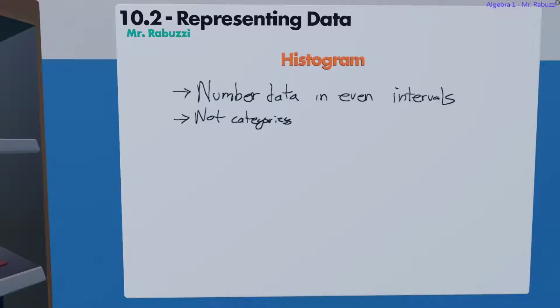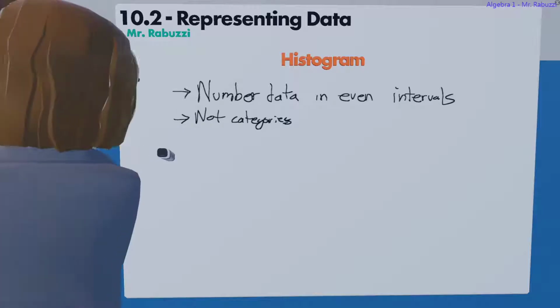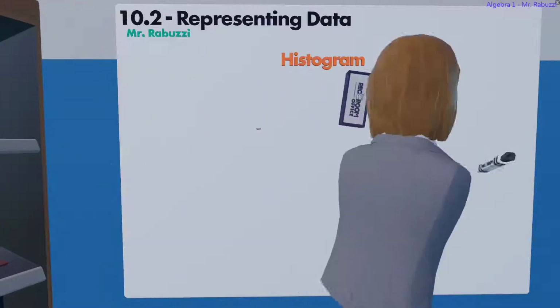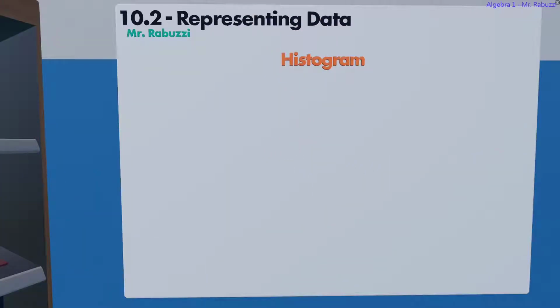For example, here's my data. So write this down for your notes, but now I'm going to do my data. This is the example from your book, not from the assignment.